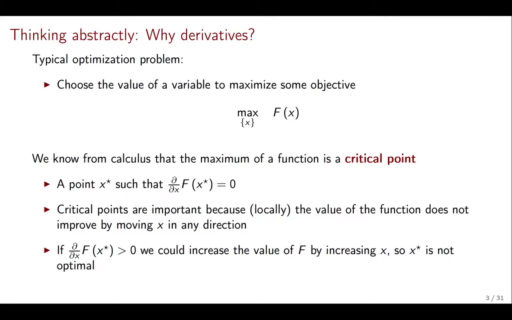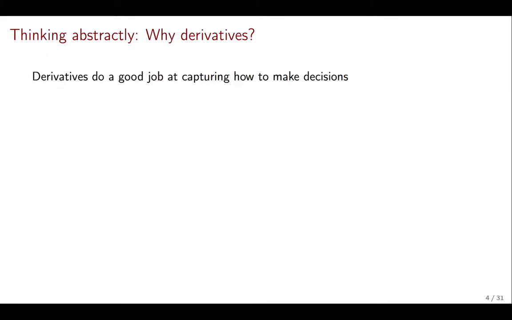If the derivative at some point is, say, positive, then we could increase the value of f by increasing x a little bit above x star. So x star is not really optimal. Now, this not only gives you the fact that x star is not optimal, as we will see, it also gives you what the agent should be doing in order to improve the value of f. And that's exactly what we want to go at.